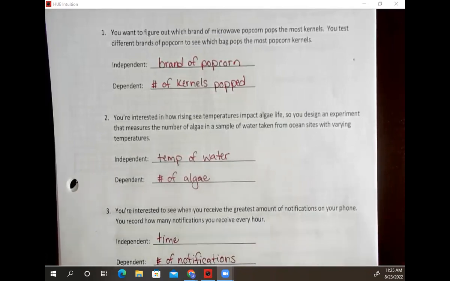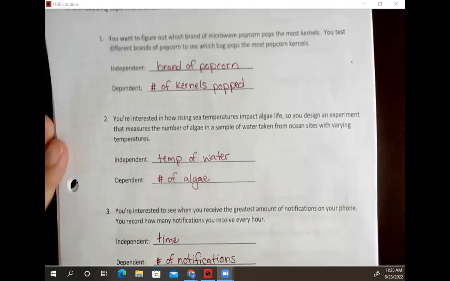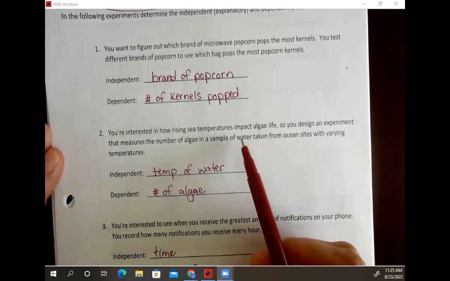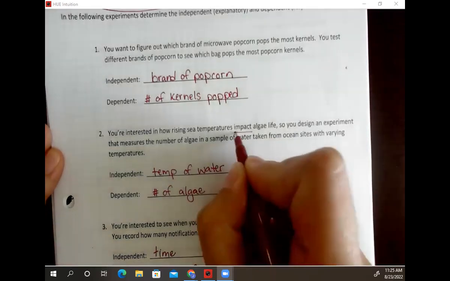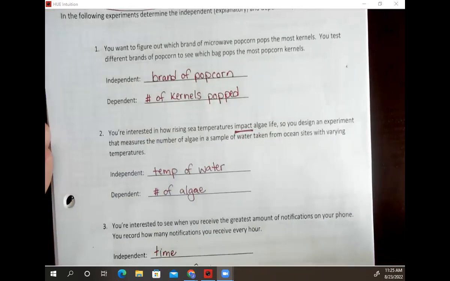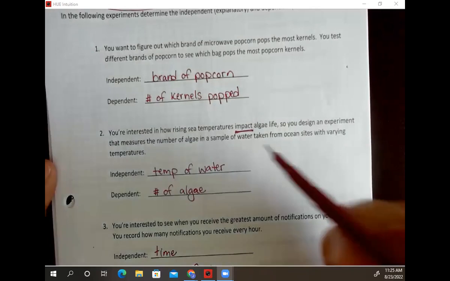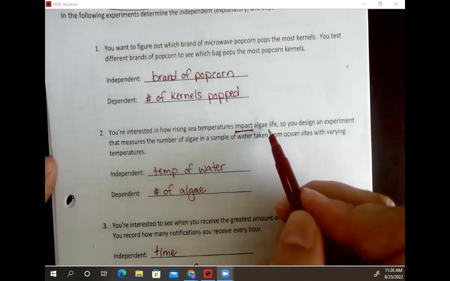The other thing I want you to notice is that for some of these descriptions, we've got a kind of keyword in there. If we take a look at number 2, it says you're interested in how rising sea temperatures impact algae life. Impact is one of those keywords that can give us a hint as to the independent versus the dependent variable. So how does this impact this?